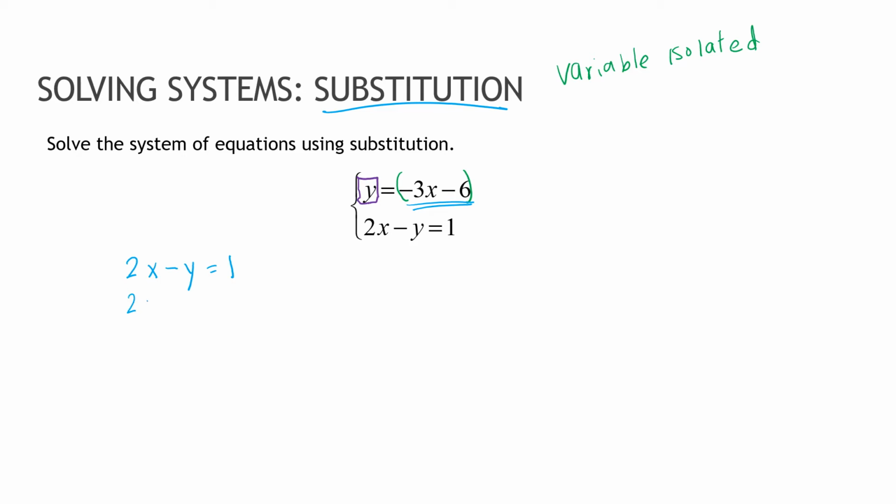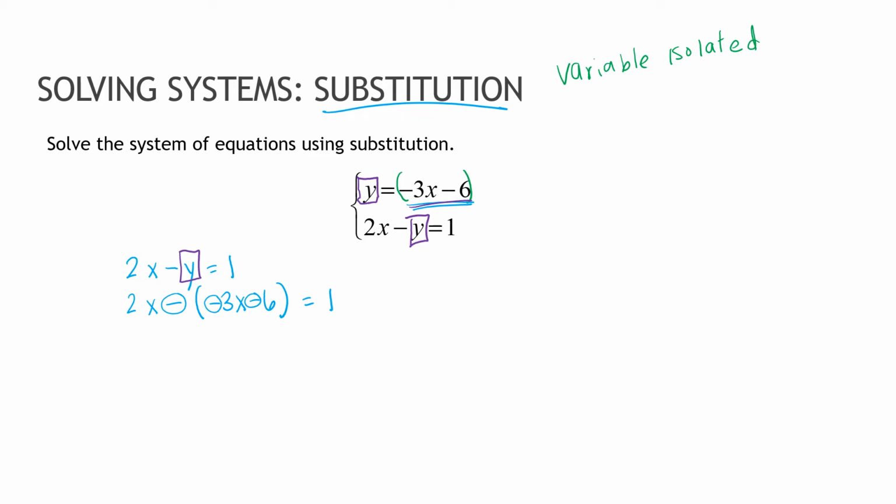So 2x minus, instead of y, because remember I'm looking at those two things being equal, y and y, 2x minus negative 3x minus 6 equals 1. So I've replaced y with the parentheses. And notice when I put it into my equation, I used parentheses. The reason for that is if I don't, it's really easy to mess up because I've got all of these negatives here.